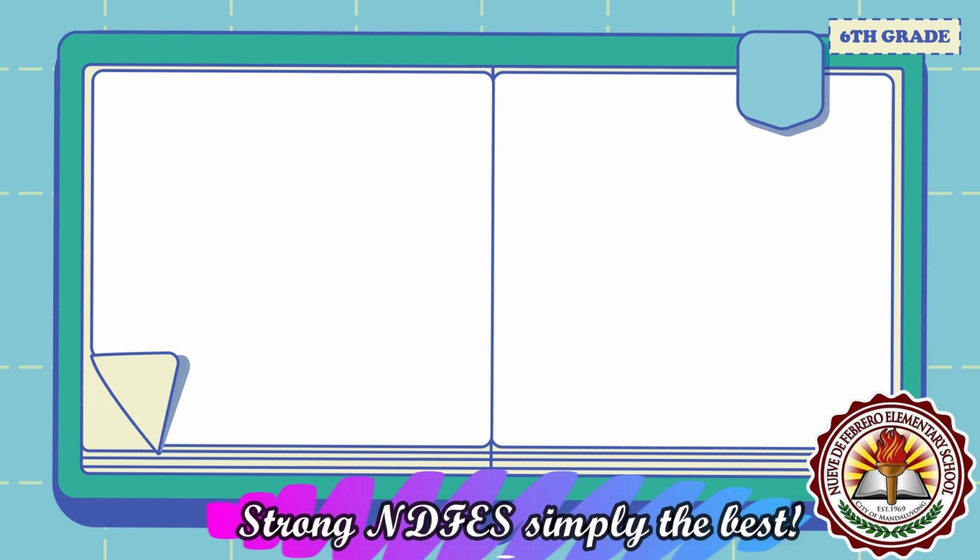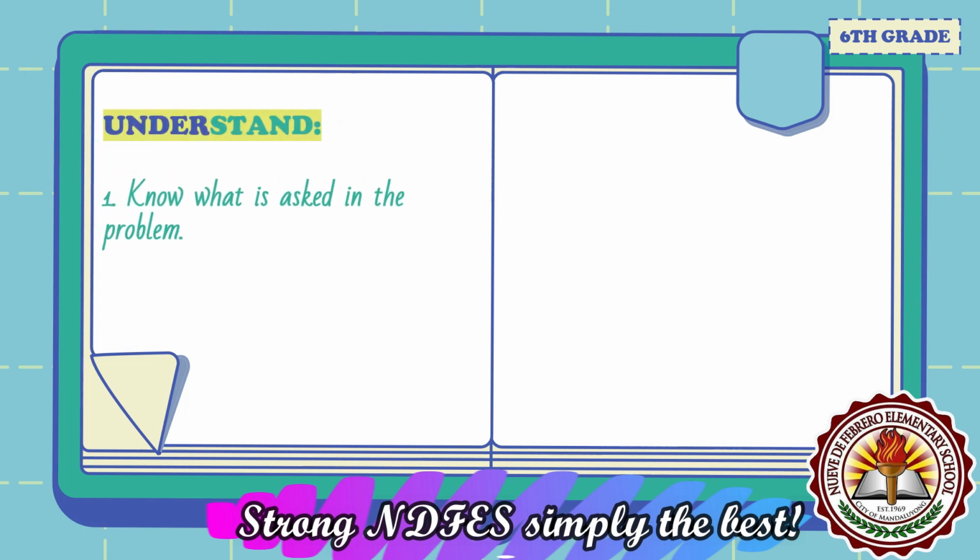What is the first step again? Understand. Know what is asked in the problem. What is asked in the problem? How much did she pay for the notebooks? But we should take note that the question word "how much" reminds us of money or value. So remember that "how much" tells us the amount paid for the notebooks.